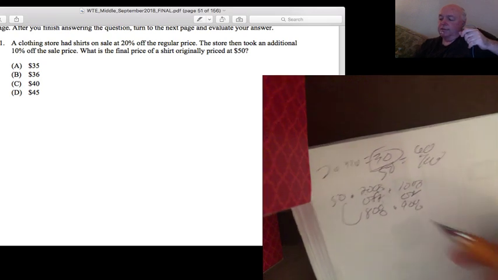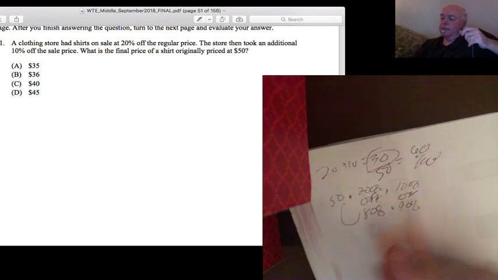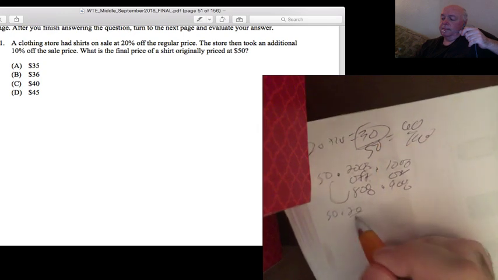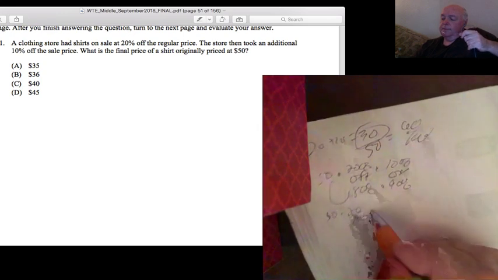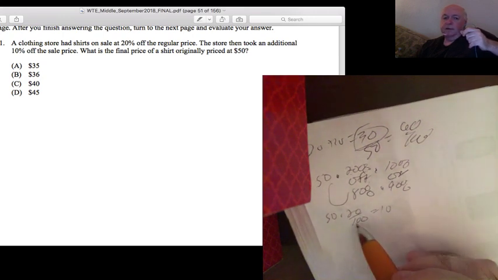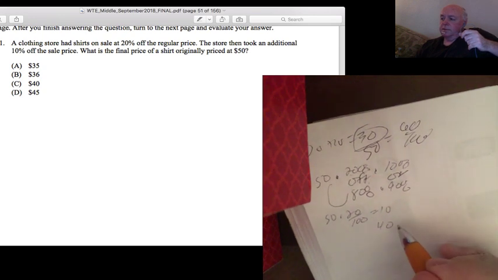We could also take 50, do the 20%. That's $10. Okay. Did I do that right? 1 5 0. Yeah, that's $10. So we get $40, and then take 10% off of that, which is going to be $4, and get 36.